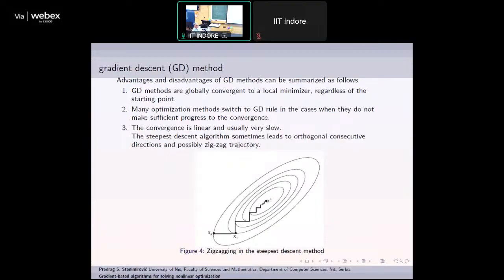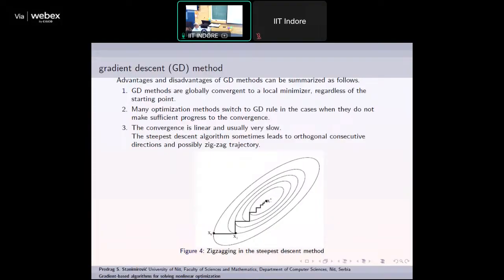When Newton method starts to diverge, to increase the goal function, then it is good to switch several iterations to the gradient descent method. Disadvantage: convergence is linear and usually very slow. This method can lead to orthogonal successive directions.